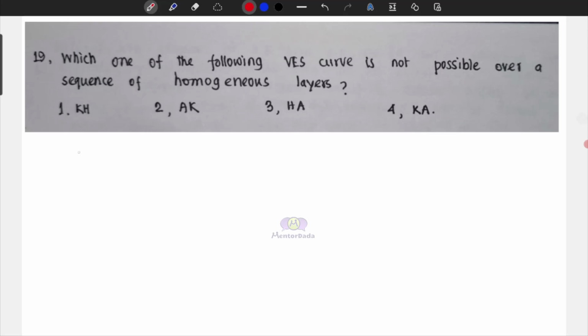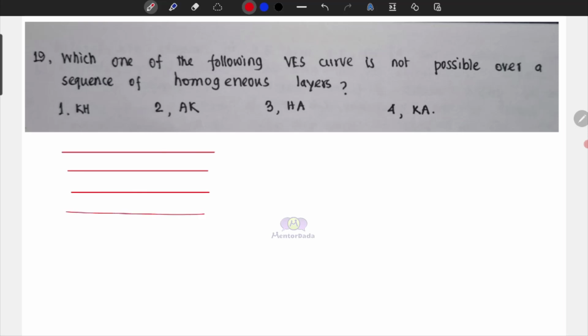In case of a 3 layer problem, suppose these are your 3 layers. This is layer 1, this is layer 2, this is layer 3, and the resistivity of layer 1 is rho 1, of layer 2 is rho 2, and of layer 3 is rho 3.